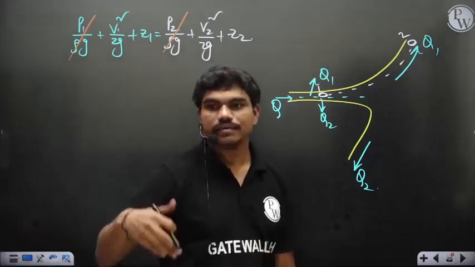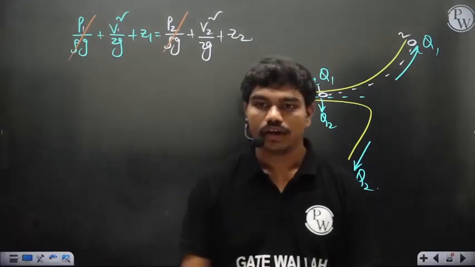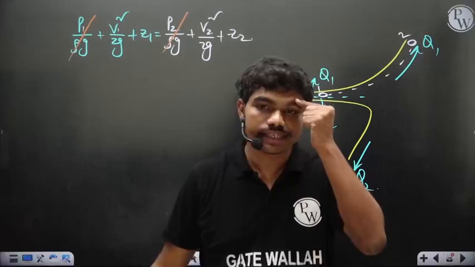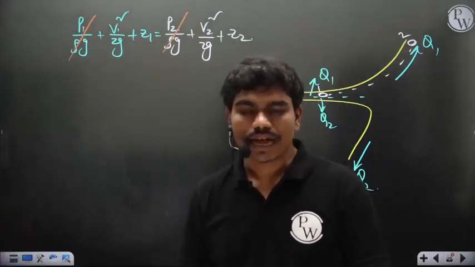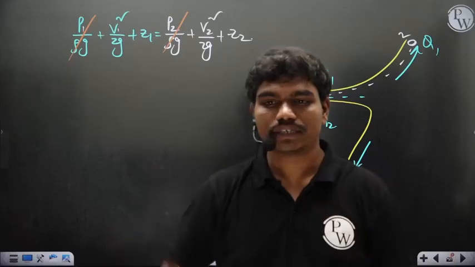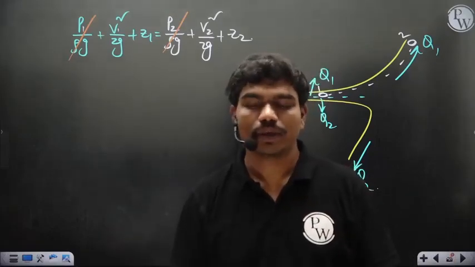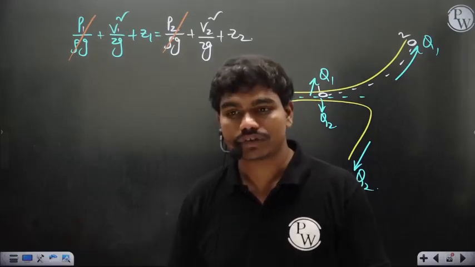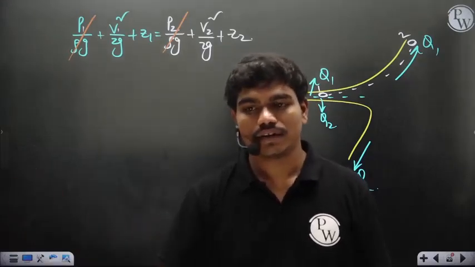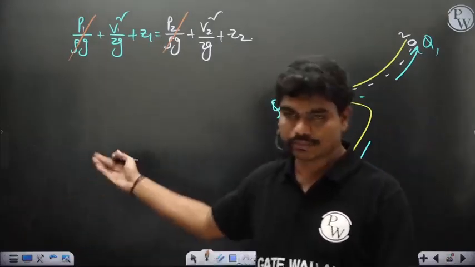So it cancels out. Are we considering any potential heads, potential differences here? No, because the jet generally has very high impact velocity, and normally in turbo machines it's extremely high. Compared to the kinetic heads, the potential heads are much smaller.